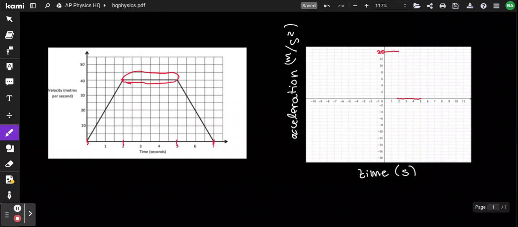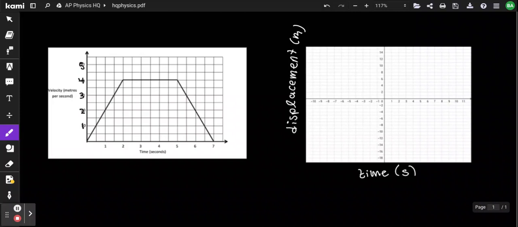Our rise is once again 40, and our run is 2. So that's going to be 20, but negative because our rise is downwards. So let's assume again this is -20, and that's going to be from 5 to 7. So this is our acceleration graph for this particular velocity graph.